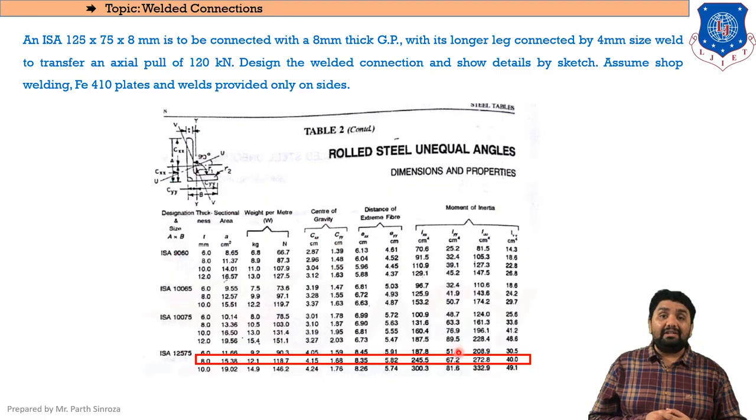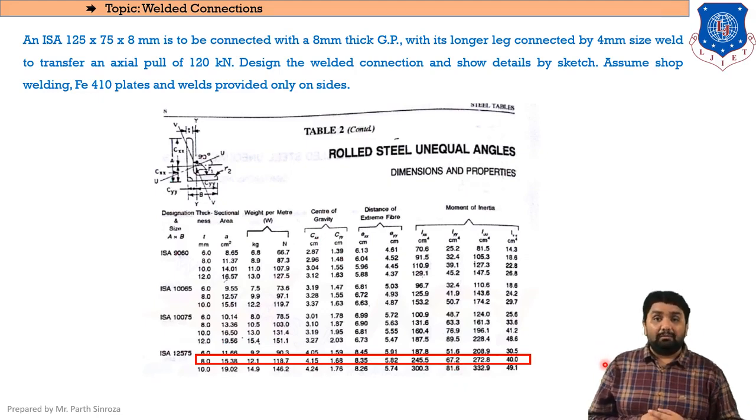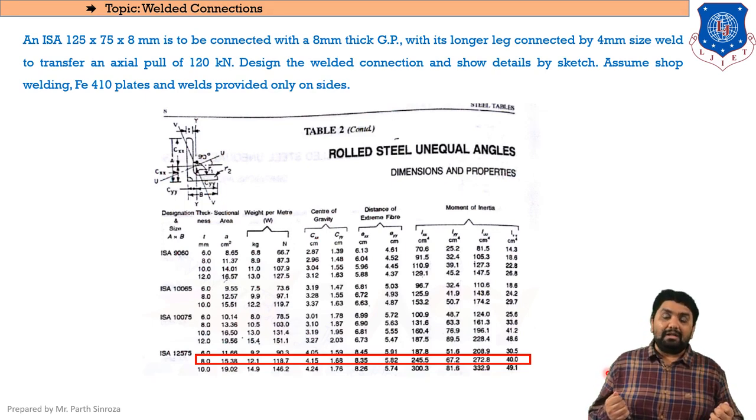That is, center of gravity across the XX axis and center of gravity across the YY axis. And as we have discussed in the previous figure, we are dealing with the XX axis only. Why so? Because the force that is applied is axial pull. Clear? The force that is applied on our angle is axial pull, that belongs to the XX axis. So we are always taking the CXX value.